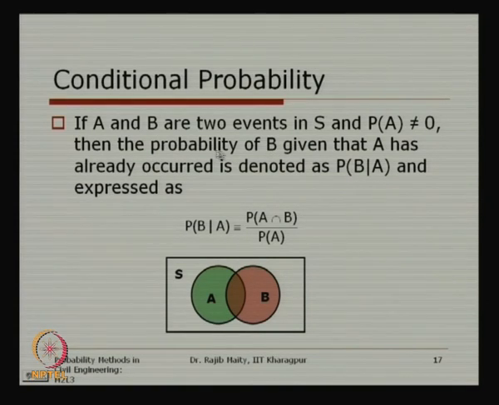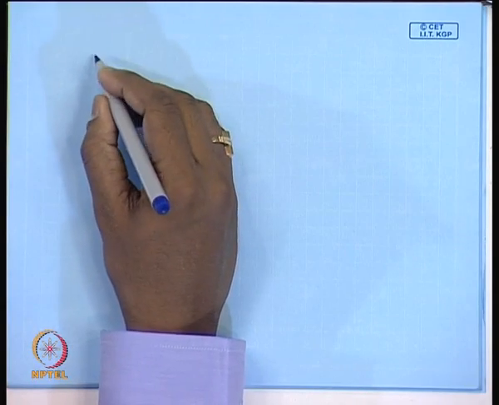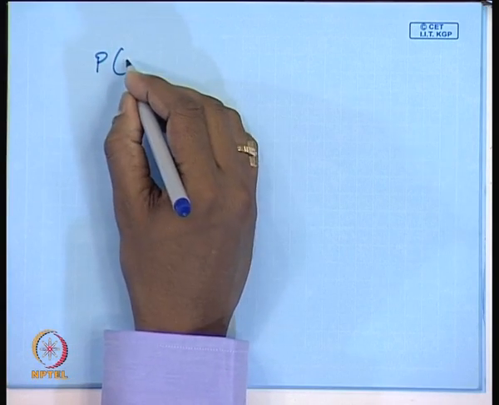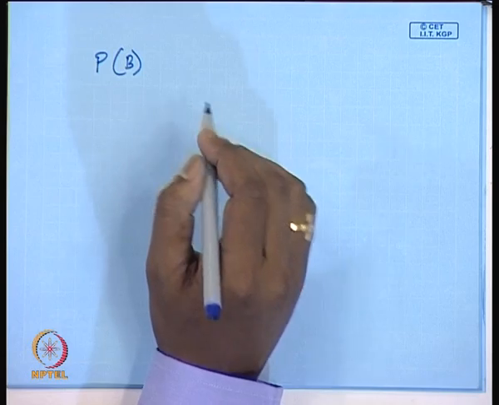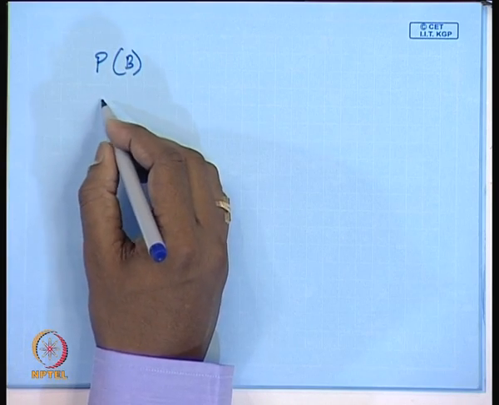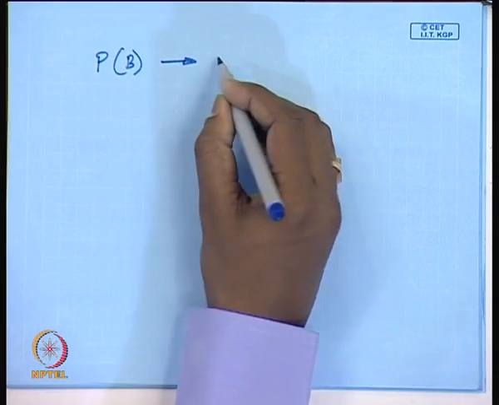Now, for the probability of B, no condition is given here, which we simply write as the probability of B.